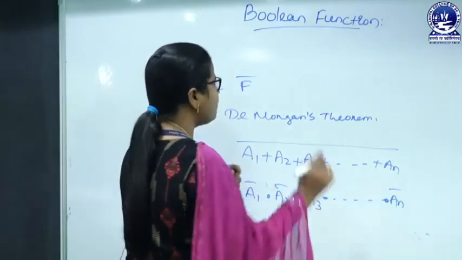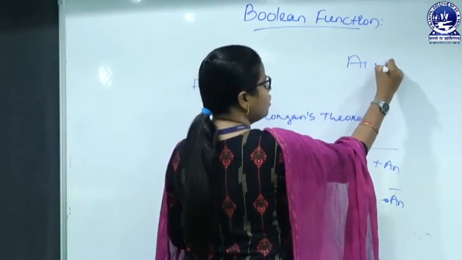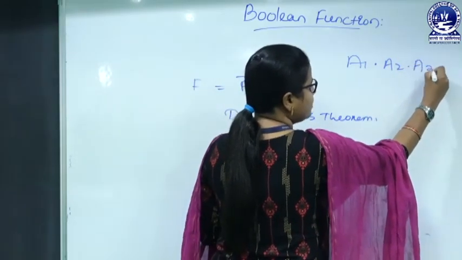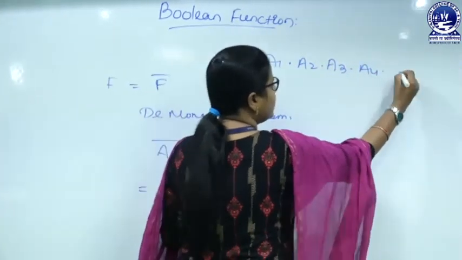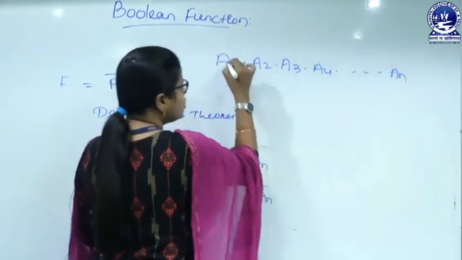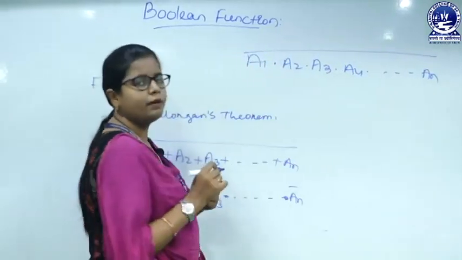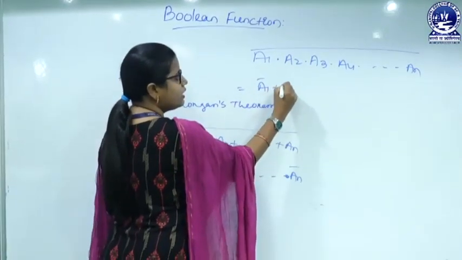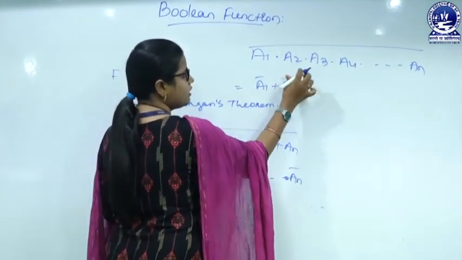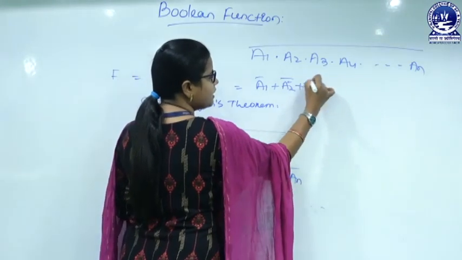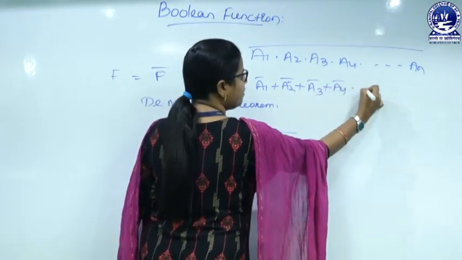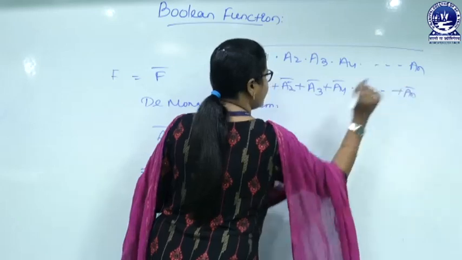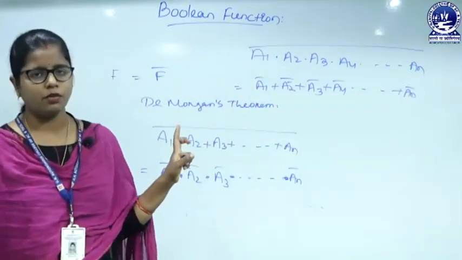And if we have the expression A1 dot A2 dot A3 dot A4 up to AN, then complementing it, we get A1 complement plus A2 complement plus A3 complement plus A4 complement plus AN complement. So this is De Morgan's theorem.